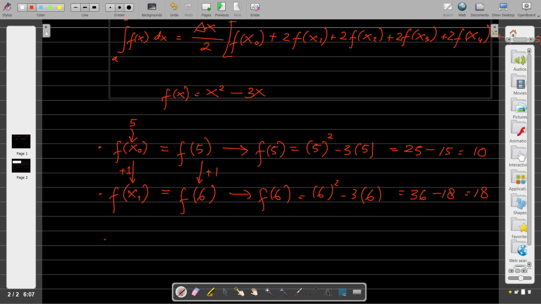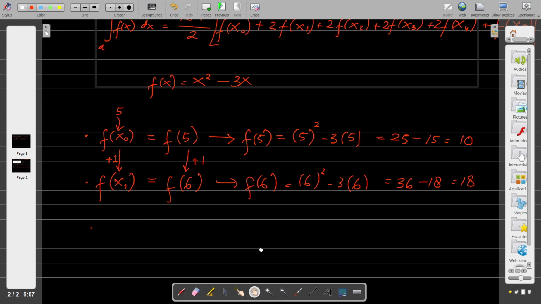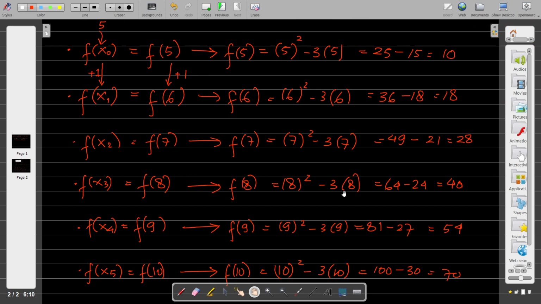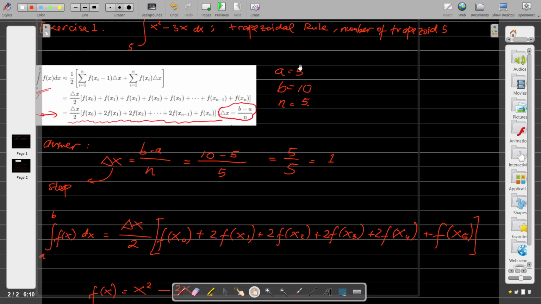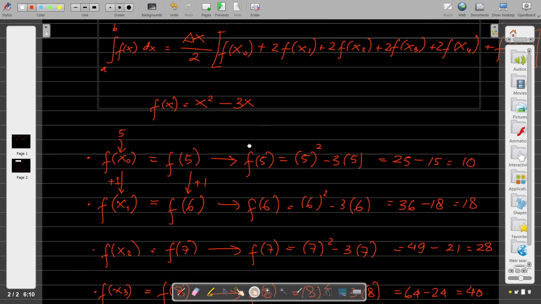I will do the rest of the part, and I will pause it, so it will make your internet not so heavy, and also to save your data. So this is all the values of f(x) from x equals 5 until our last x equals 10.